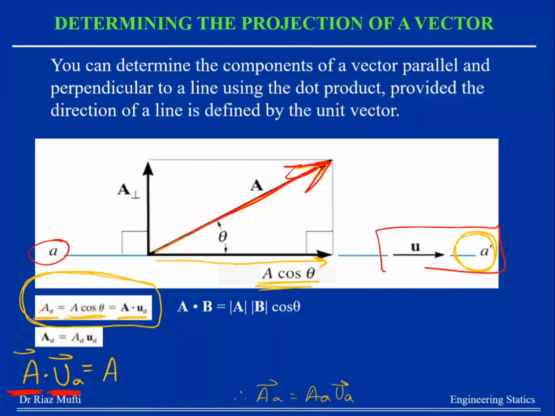So the answer would be the magnitude of A, times the magnitude of the unit vector, which is 1, times cos of the angle. By taking the dot product of a vector with the unit vector along the axis, you can find the angle and also the A component, or the X component, of the vector A.